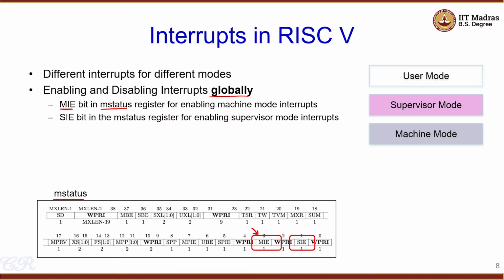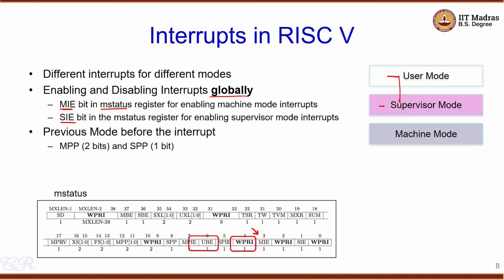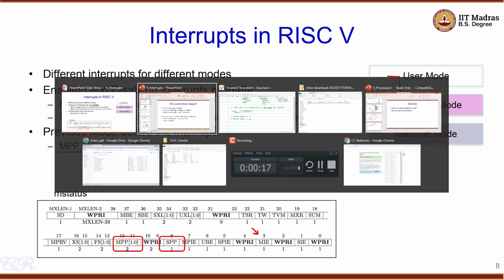Similarly, there is another bit called SIE. The mstatus register has two more entries: MPP, which has 2 bits, and SPP, which has 1 bit. These bits hold the previous mode before the interrupt occurred. So what does this mean?